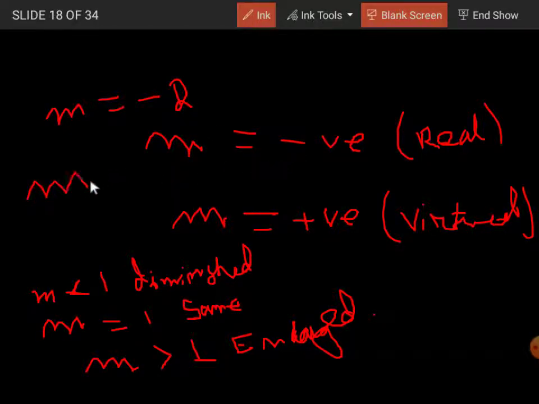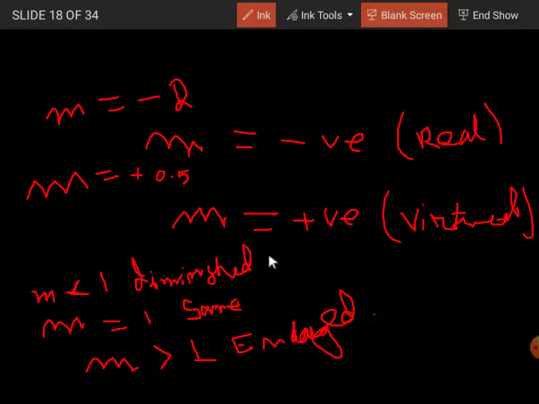And if m comes out to be, say, +0.5, plus means virtual, and 0.5 means it is less than 1, so it will be virtual, erect and diminished.